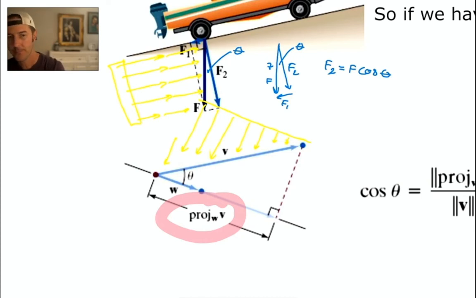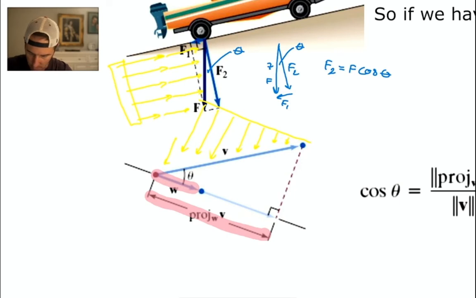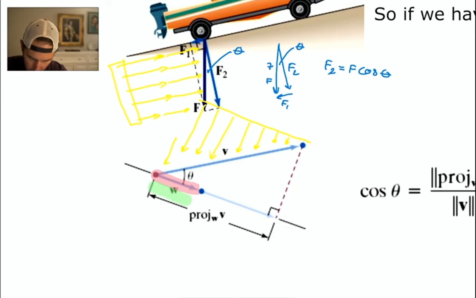Now, notice that the projection of V onto W and vector W are pointing in the same direction. They're sort of pointing down and to the right. Okay, so those are pointing in the same direction.